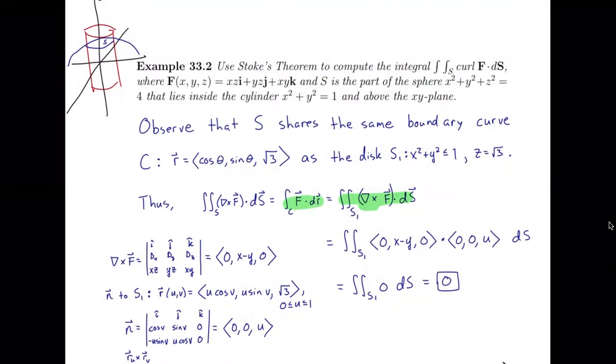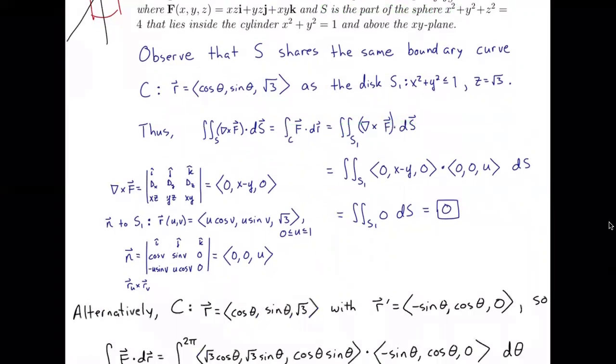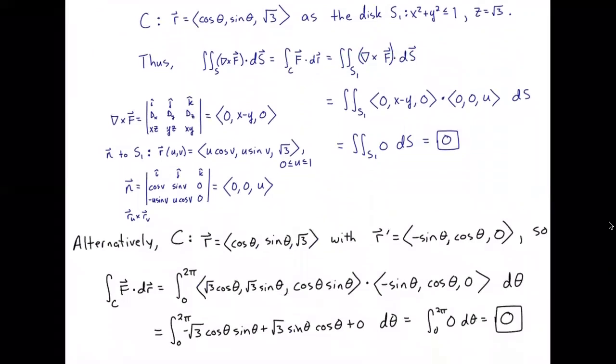Okay, so if we got 0 out of our surface integral, then we should get 0 out of our line integral. So let's try that. And that would have been another alternative to solve this problem. So C is the boundary of this surface S. It's a circle of radius 1 at height z equals root 3. So there's our circle of radius 1. Theta goes from 0 to 2 pi.